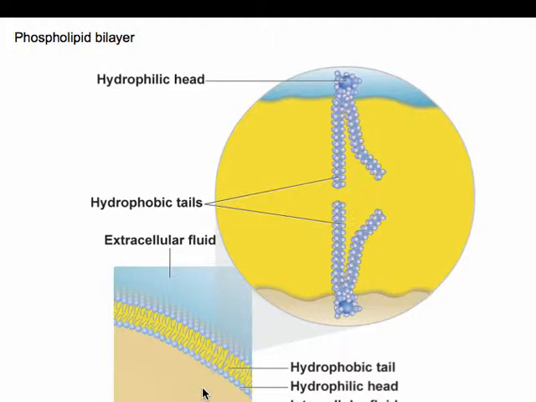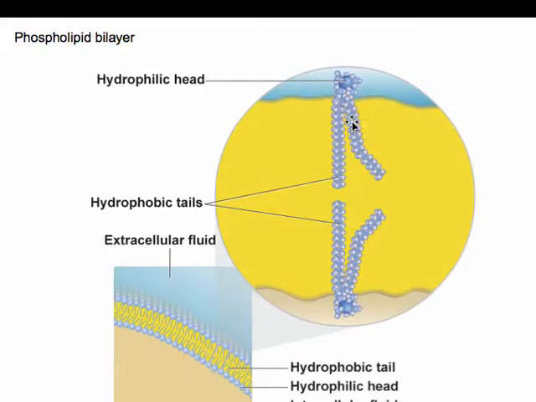An example of this in a cell are phospholipids. So this is a picture of a phospholipid. A phospholipid is interesting because part of the molecule, called the head, is hydrophilic or water-loving, and part of it, which are the fatty acid tails, are actually hydrophobic or water-repelling.